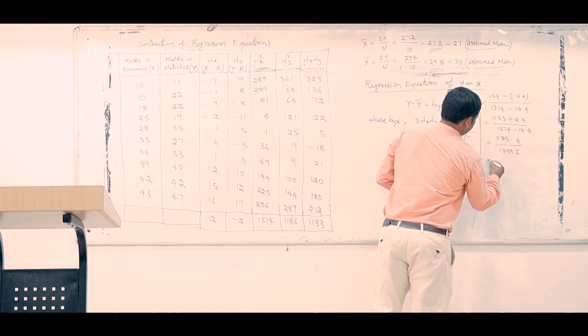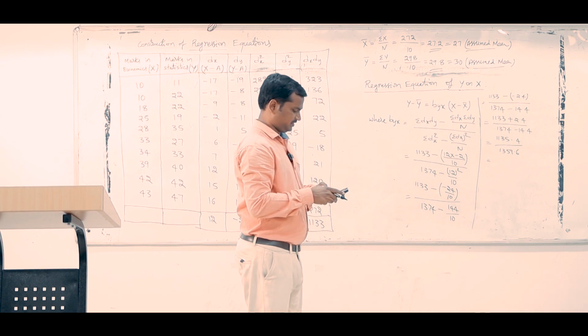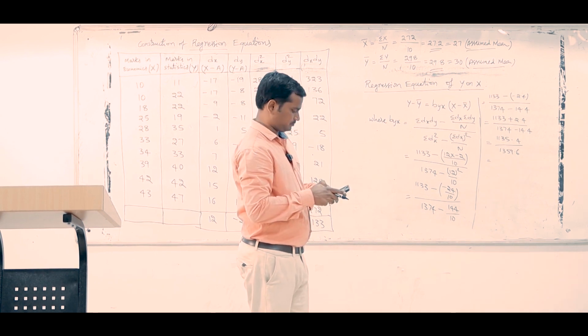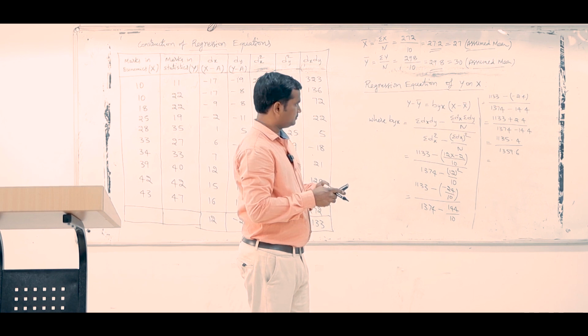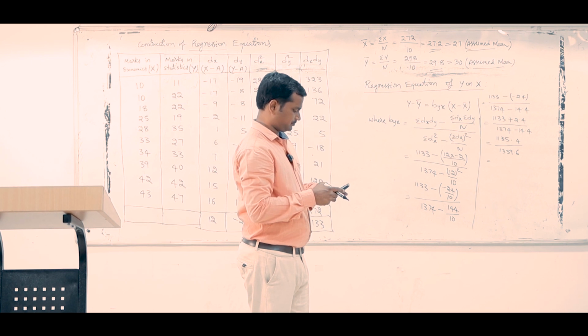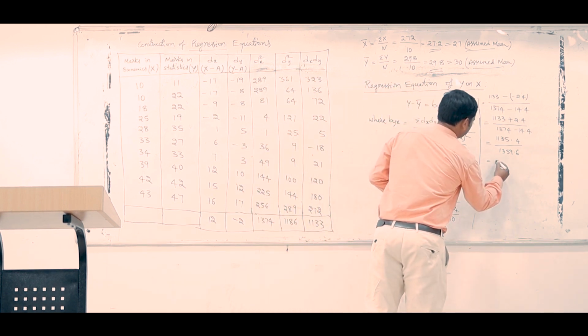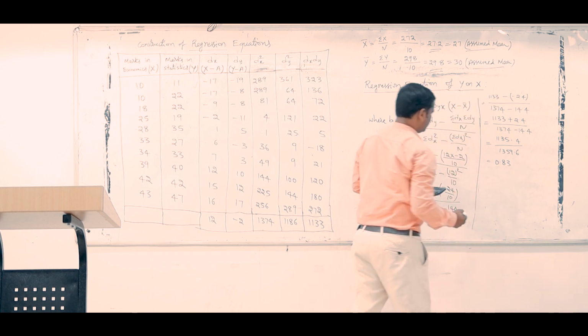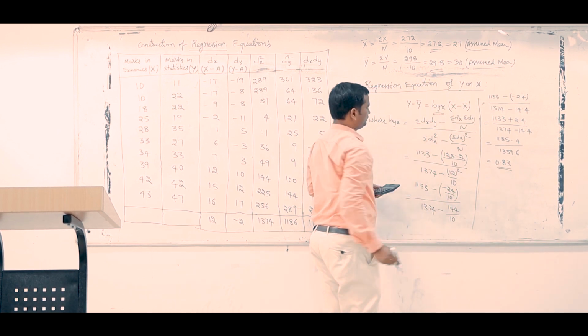So then the final value will be 1135.4 divided by 1359.6. So it will be 0.83. So 0.83 is the value of the regression coefficient.